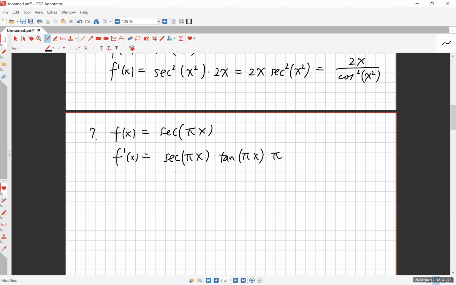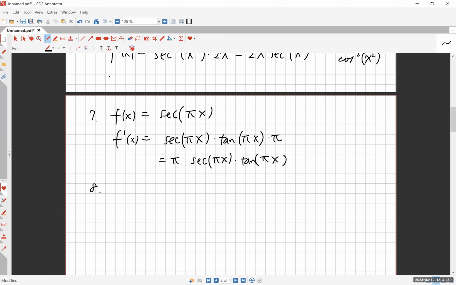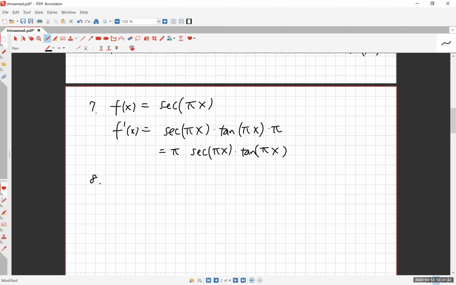Now, that's okay, but I prefer to have pi in front since it's a constant. It's pi times the secant of pi x times the tangent of pi x, and that does the job, okay? So in most of these cases, all you are doing is really applying your differentiation formulas, right? I don't think you'll have a hard time with this.